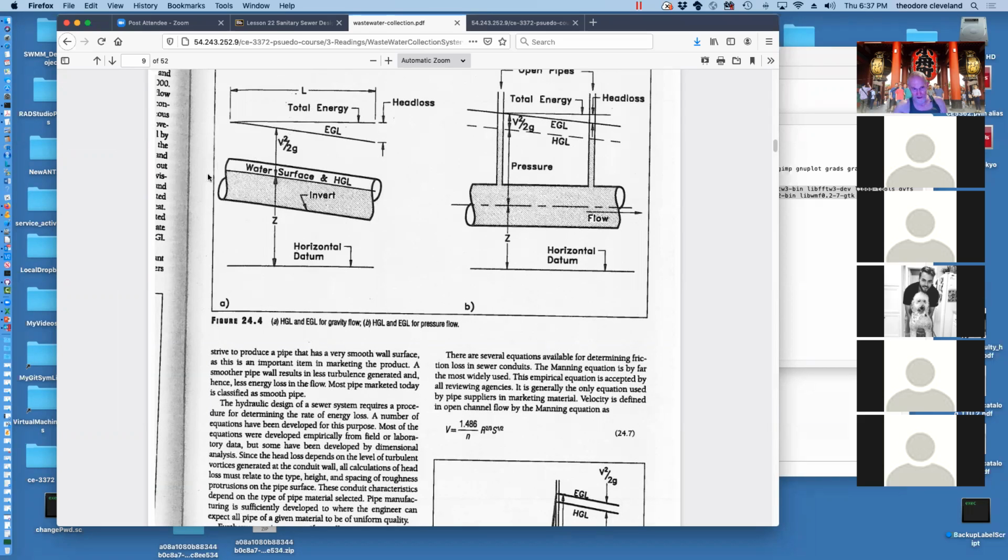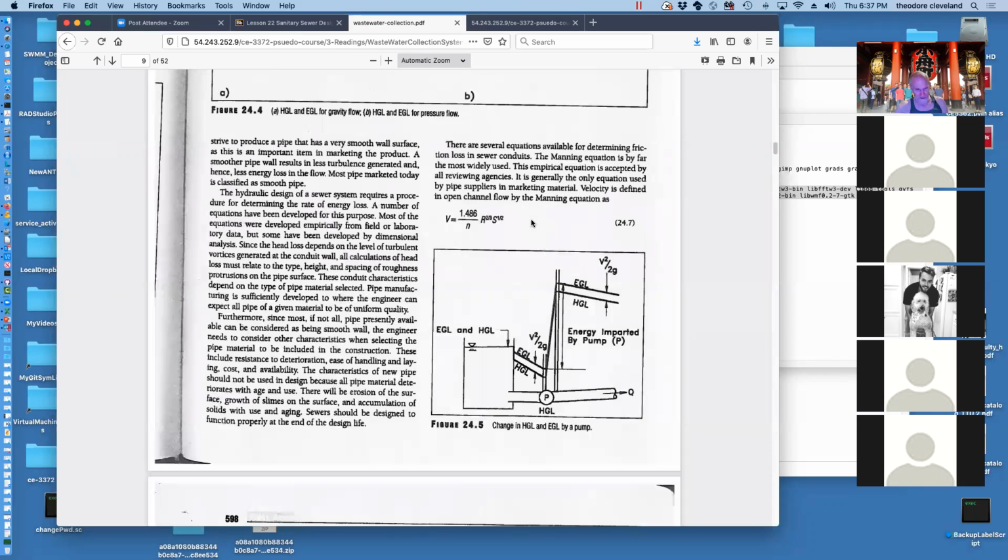So this is a gravity sewer. This is how we want them to behave. And then here is a pressurized system, which normally is not the approach that we're taking with gravity sewers, although in some instances this may be appropriate, but it's uncommon even in the US.